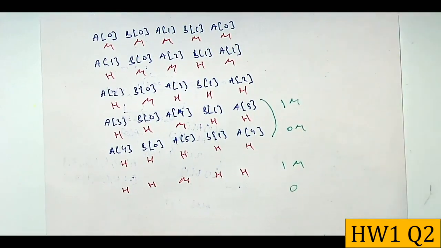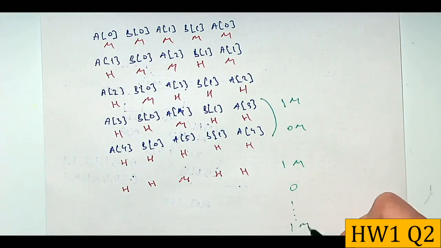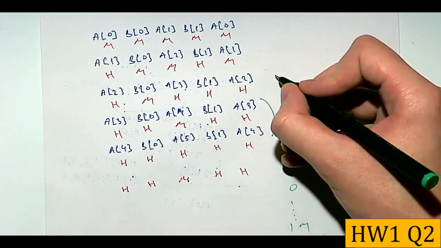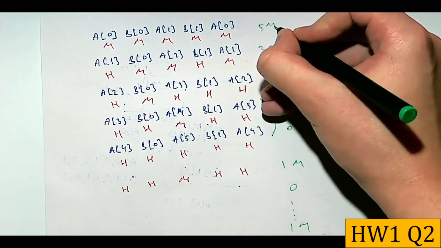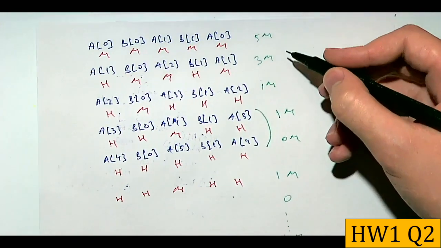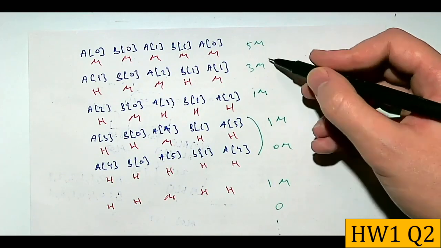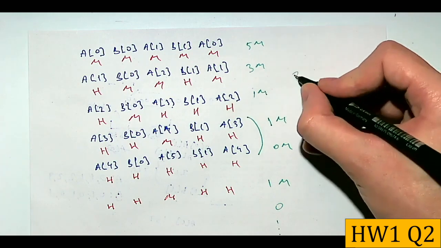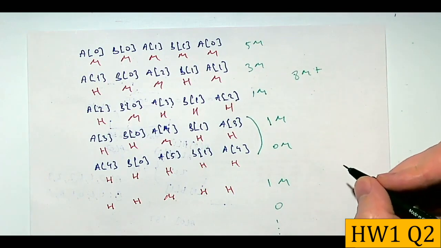We know that in total we have 16 iterations, so we will end with 1 miss here. And here we have 1 miss for this iteration, 3 misses, and 5 misses. So if we add everything together, it is 8 misses here, 8 misses plus how many?